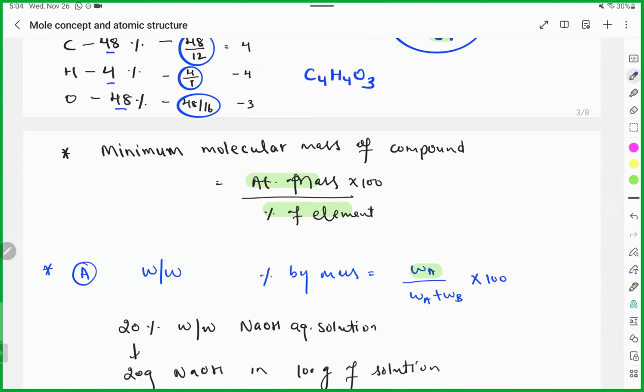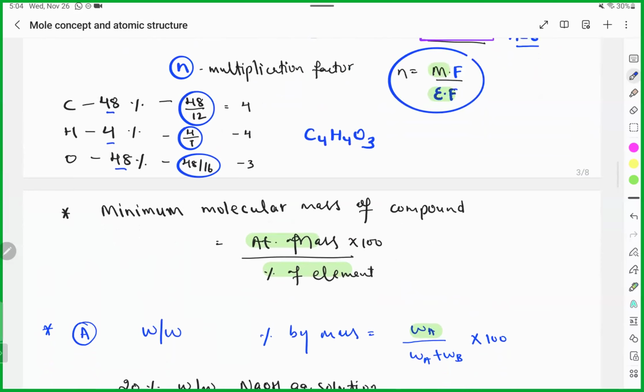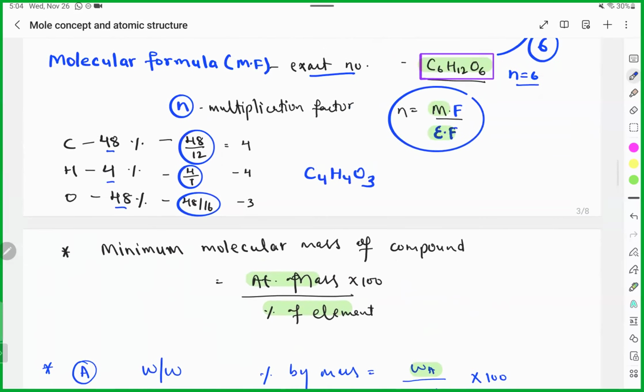Next, what should be the minimum molecular mass? Yes, Radhika. Hello. Am I audible? Yes, sir, you are audible.